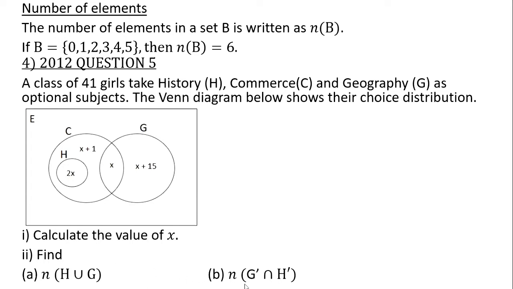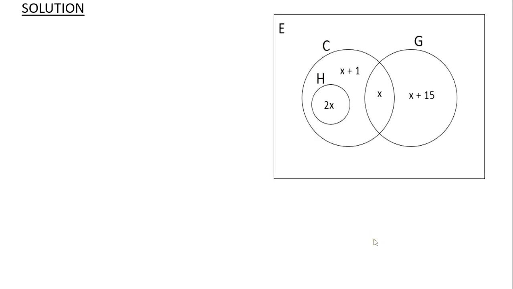Then find the number of girls who did not take geography, so we have G complement, those outside geography, intersection H complement, those who did not take history.